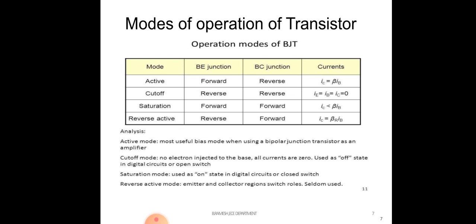Reverse active means the emitter base junction is reverse biased and the base collector junction is forward biased. So generally we cannot operate a transistor in the reverse active region. So what is the active region? Active region means the emitter base junction must be forward biased and the base collector junction must be reverse biased.